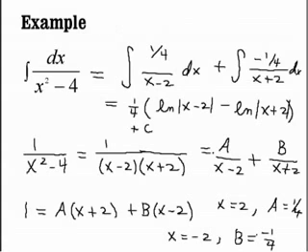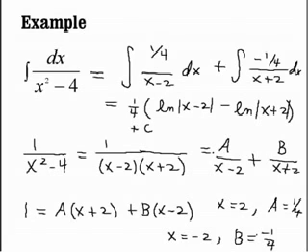Now here is the basic methodology. Suppose we have a rational function, in this case 1 over x squared minus 4. If the degree of the denominator is greater than the degree of the numerator, and if the denominator is factorable, we might be able to split up that function into partial fractions.